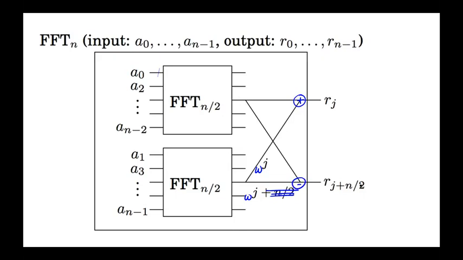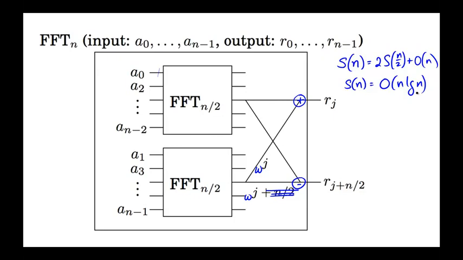Okay, so that's our circuit for the fast Fourier transform. Now you can see that the size of the circuit for size n is 2 times the size for n over 2, plus order n gates, and this gives you that the total size is order n log n. This is the fast Fourier transform circuit. It's of size n log n instead of n squared, which is what you'd expect naively.